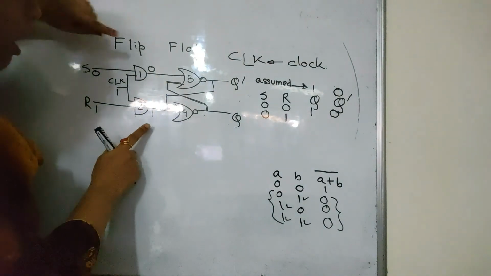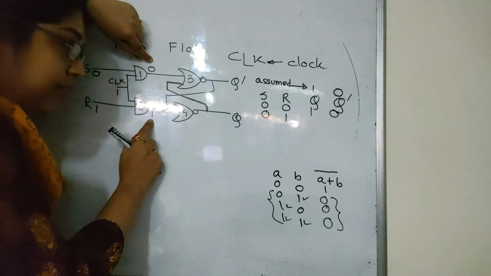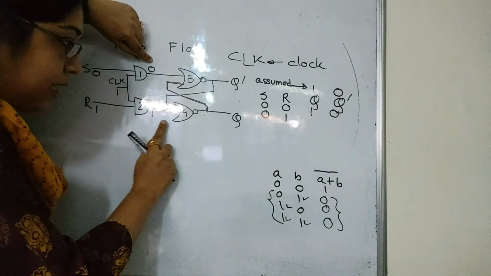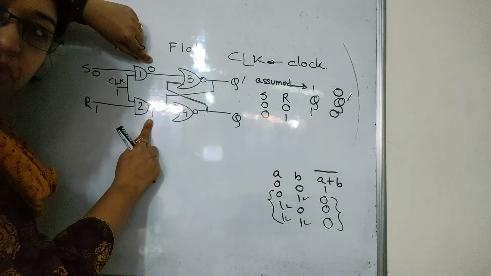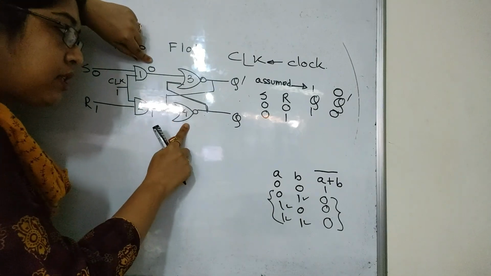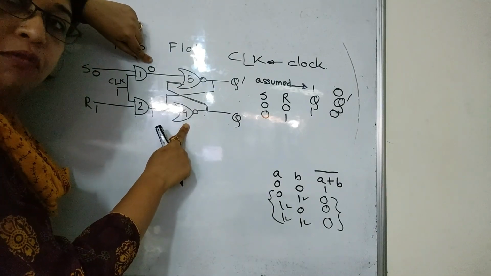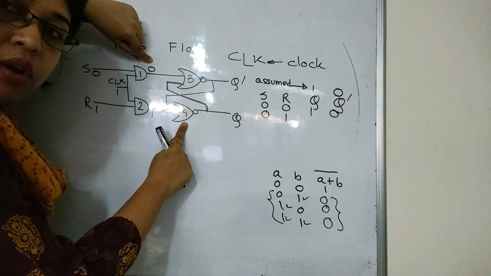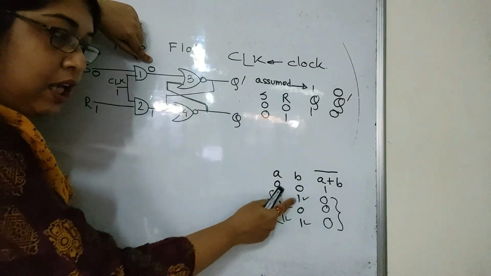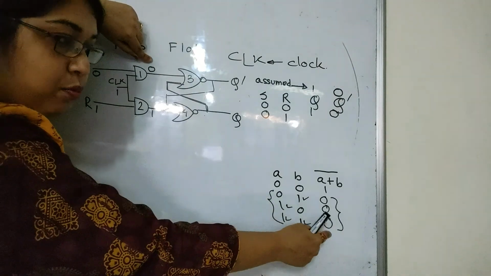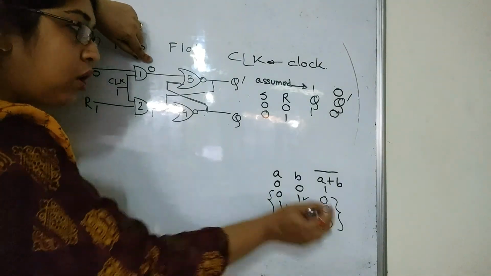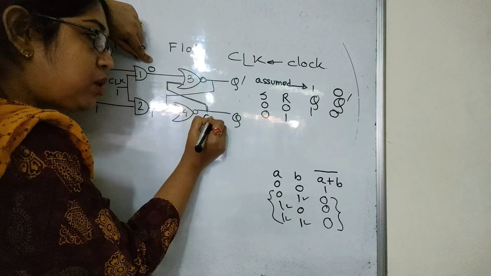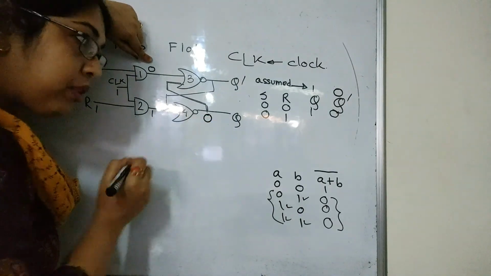So over here, out of these two, NOR gate number 4 is getting a high input, right? So we are going to consider NOR gate number 4 first. What would be the output of NOR gate number 4? Whenever any one of the inputs is high, the output is always 0. So NOR gate number 4 is going to give us an output of 0.